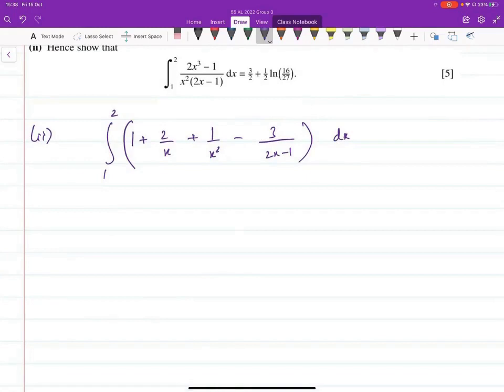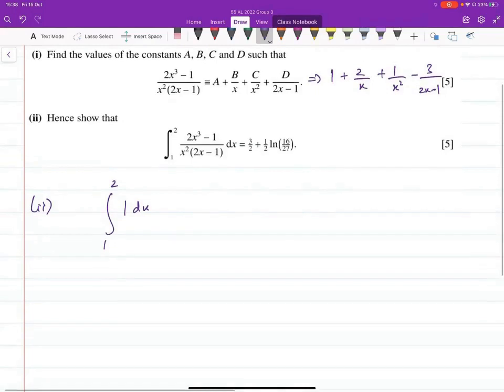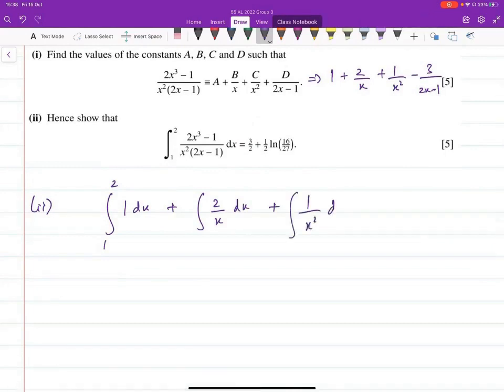What is the integral of 1? I'm going to write it like this first. So let's write down each term separately. Okay, आपको confusion नहीं हो. We've got 1 dx plus integral of 2 over x dx plus 1 over x square integral minus integral of 3 over 2x minus 1. Let's first integrate. Limits बाद में देखेंगे फिर उसको.